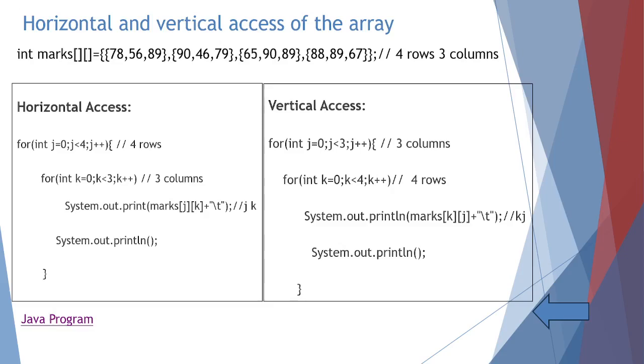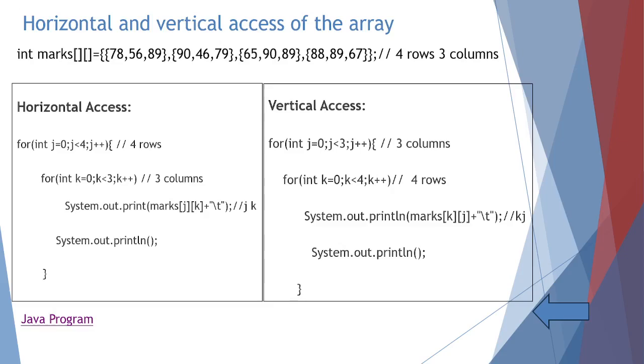Now, horizontally, if we want to access, we use less than 4 and less than 3 in the loops. Horizontal: row subscript, column subscript. int j equal to 0, j less than 4, j plus plus, k equals 0, k less than 3, k plus plus. Marks of jk, horizontal.